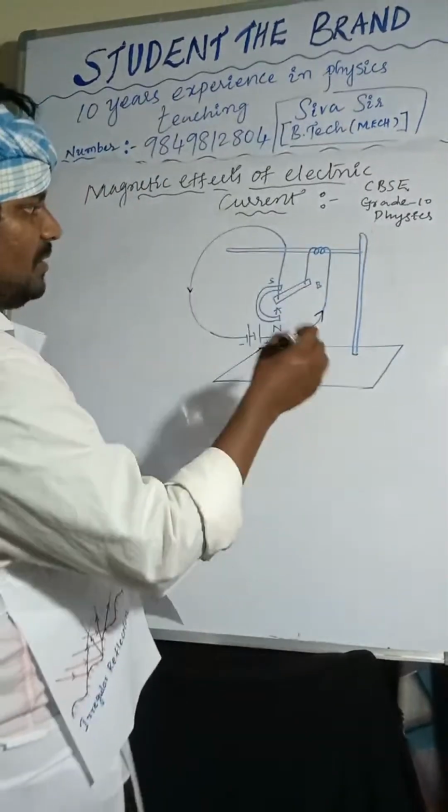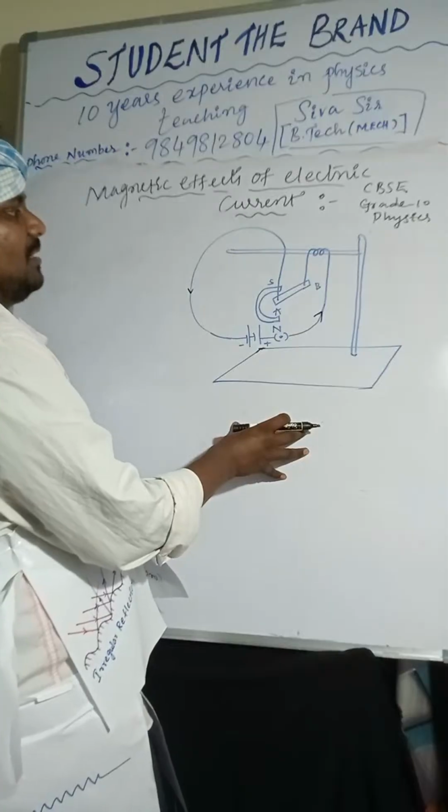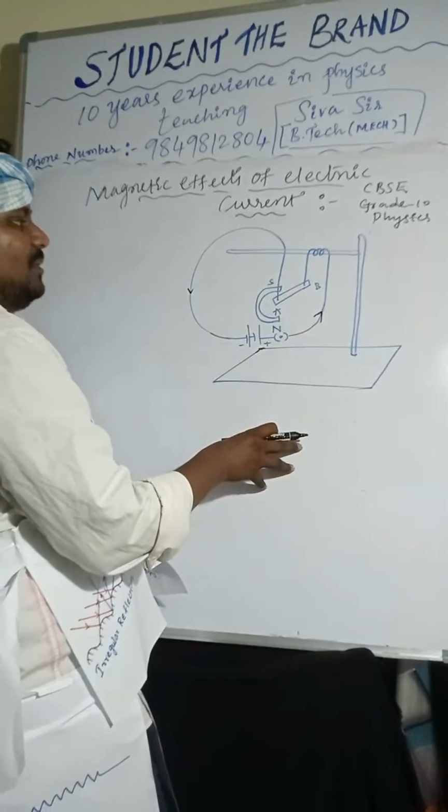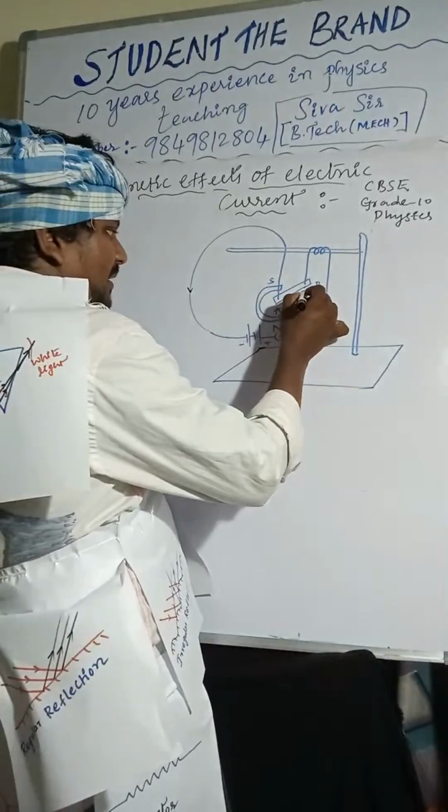Next, coming to the current carrying conductor placed in the magnetic field. If the current is passing from A to B, the current is passing like this.